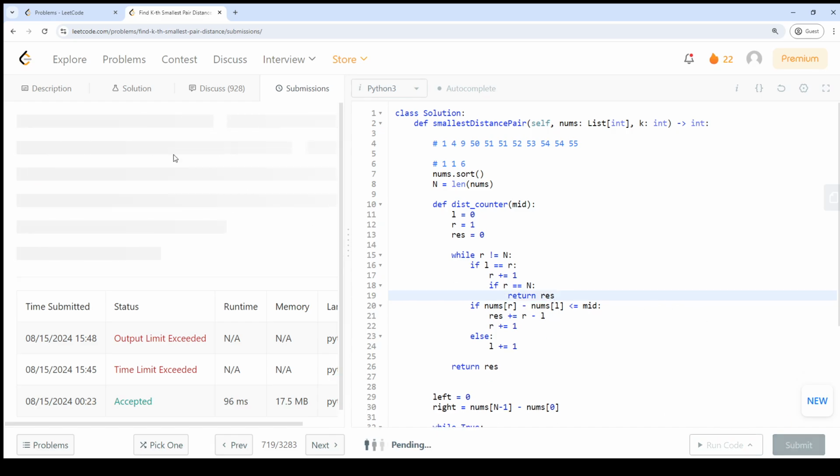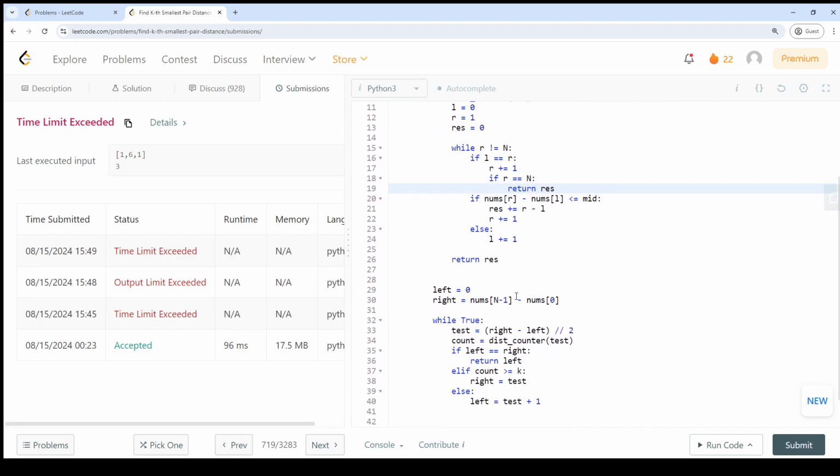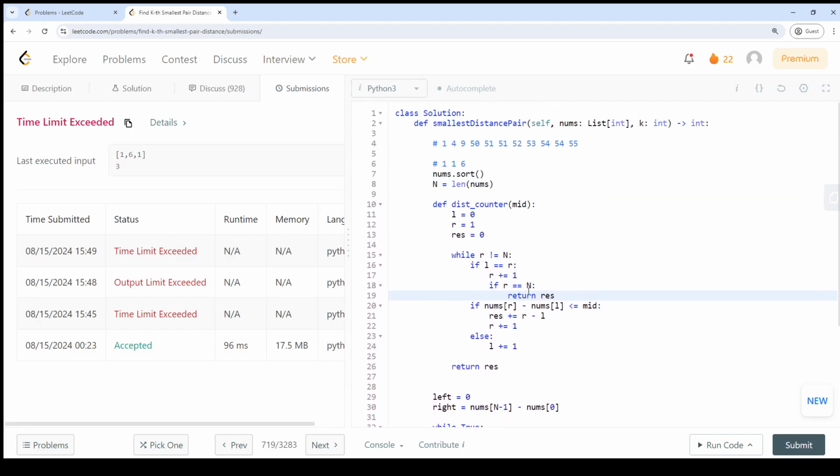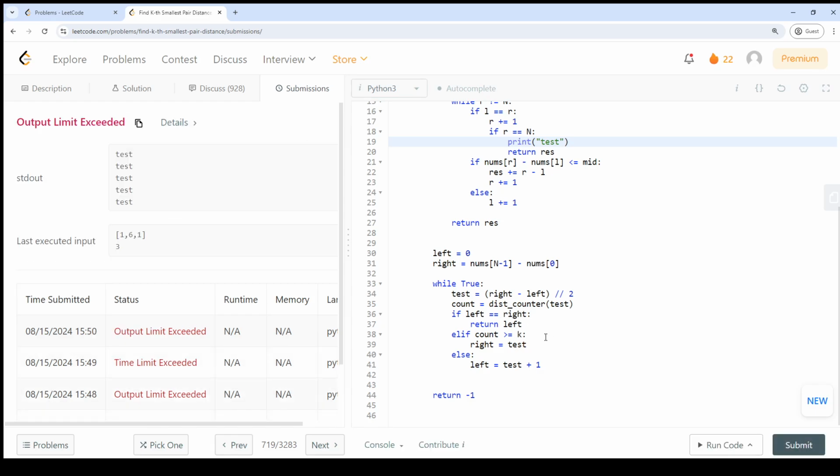Let's try now. Time limit exceeded. Okay, now this part is not good.